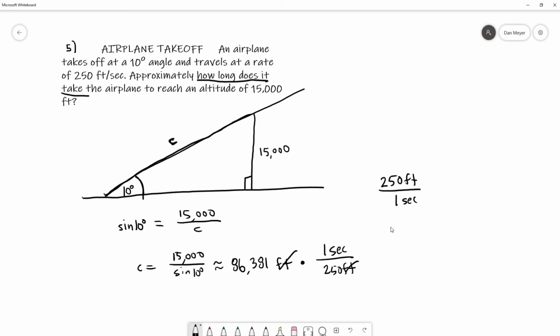So there are a few different ways of dealing with this conversion. For me, this is the easiest way. You can set up a proportion: 250 feet per 1 second should be in proportion to 86,381 feet in some unknown number of seconds, and solve for x.